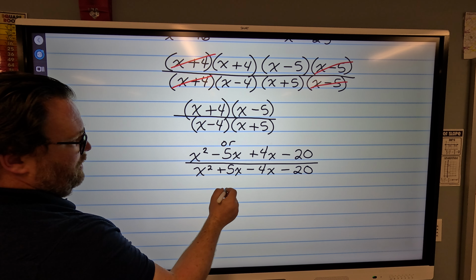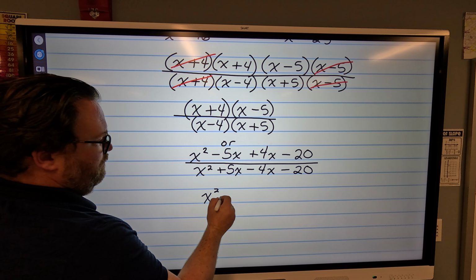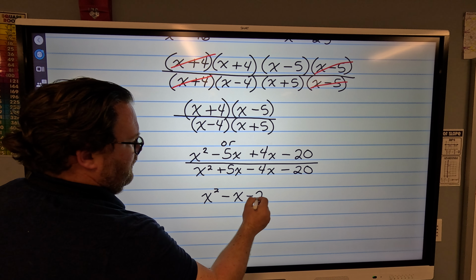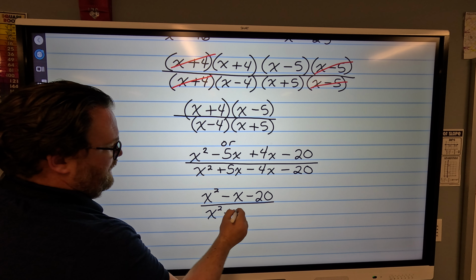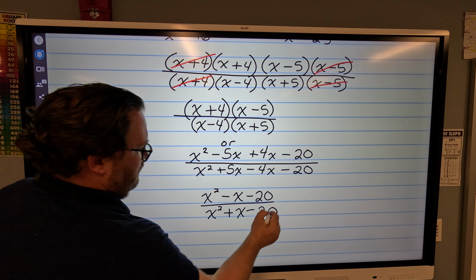Combining like terms, that's going to leave me x squared minus 1x minus 20 over x squared plus 1x minus 20.